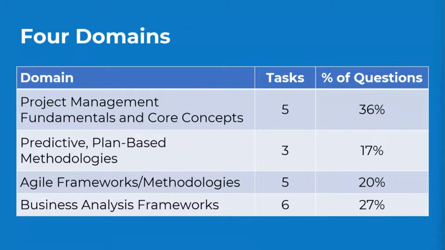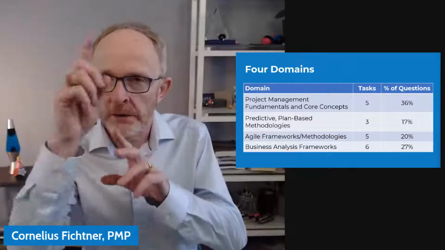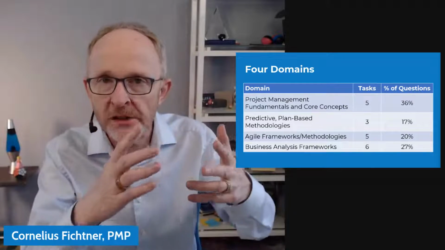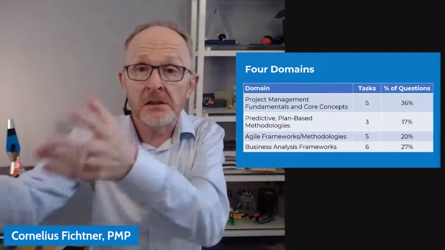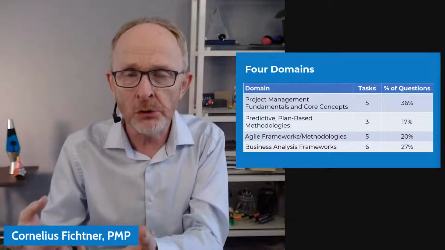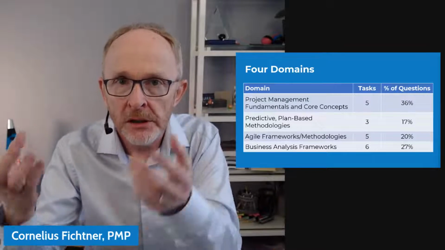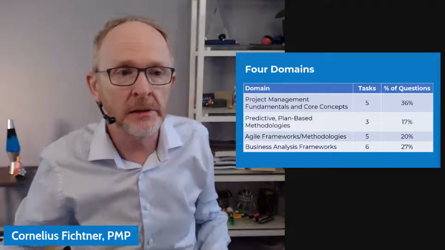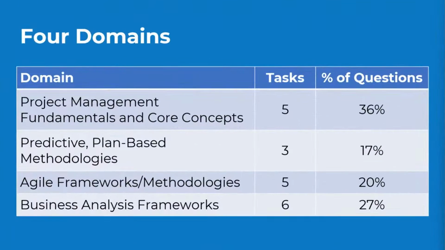And remember, PMI did do their due diligence, right? All this job task analysis and research showed business analysis is something that people do as a CAPM on a project that needs to go onto the exam. So they're testing you on something that you are expected to do as a CAPM.